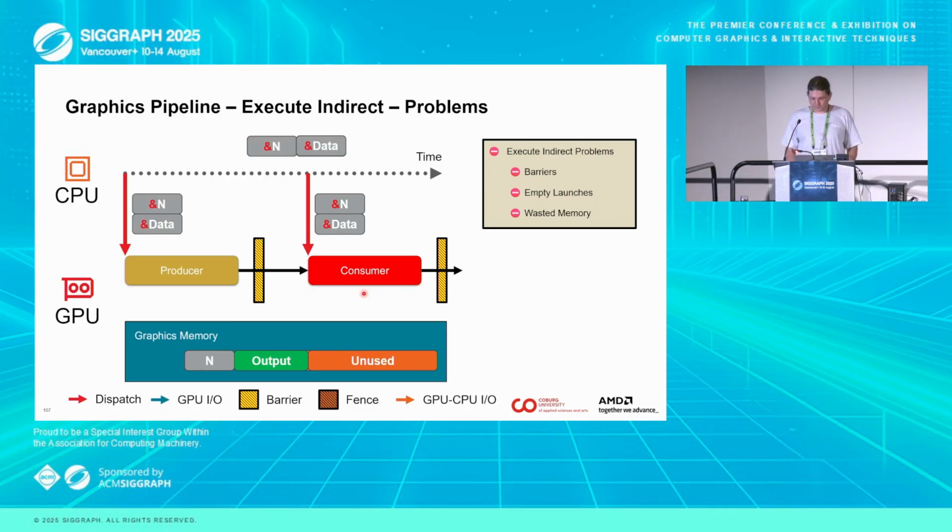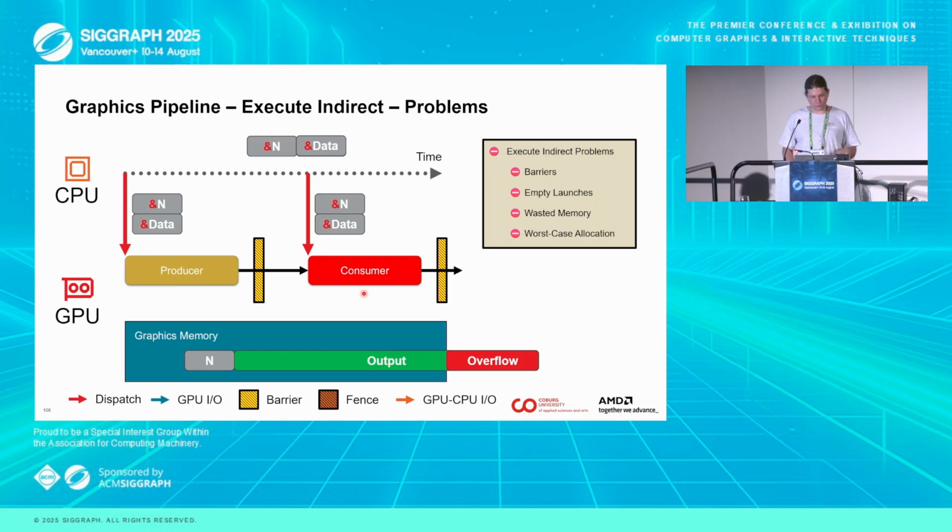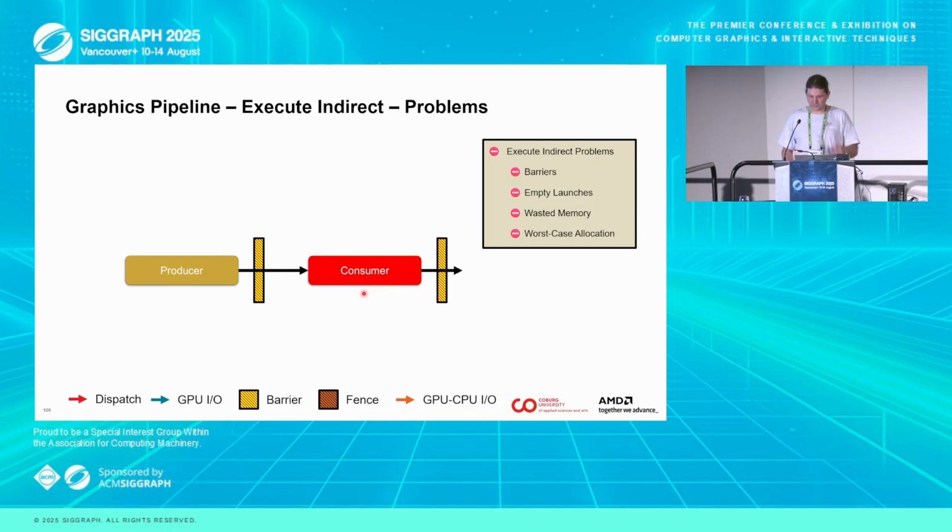There's no way around it. Even worse, if you are doing some gambling and say, I don't want to waste all this memory, you might actually end up with overflow and other problems that you need to handle at some point. So those are the four problems that we have.